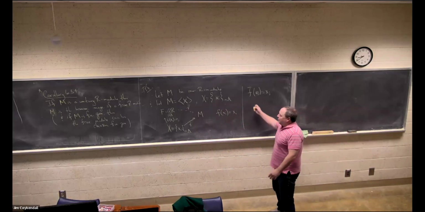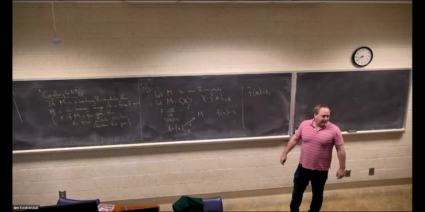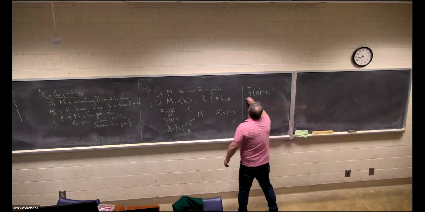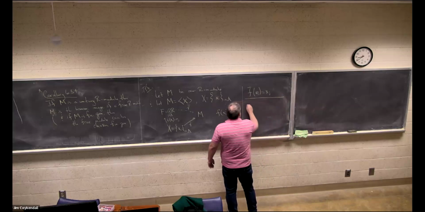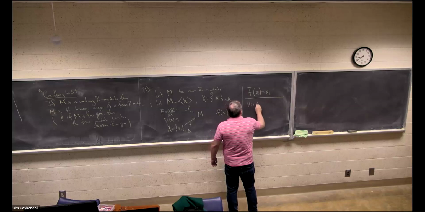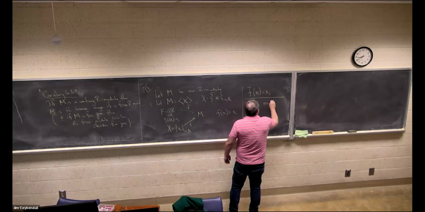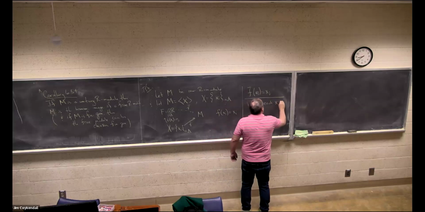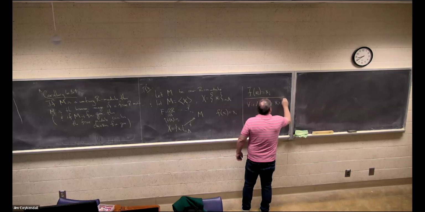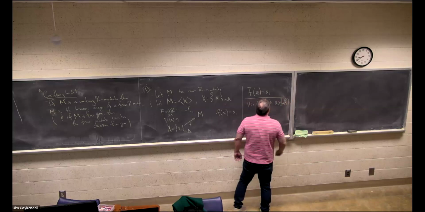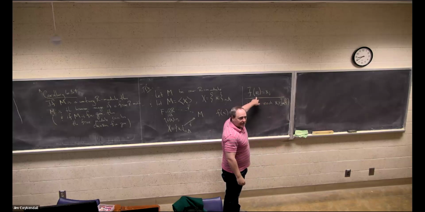Anybody tell me why this has to be surjective? The xi are a generating set. That's right. So notice that for all i in the index set, each xi is an image of F bar, because there it is right there.